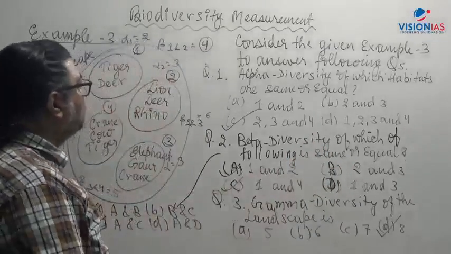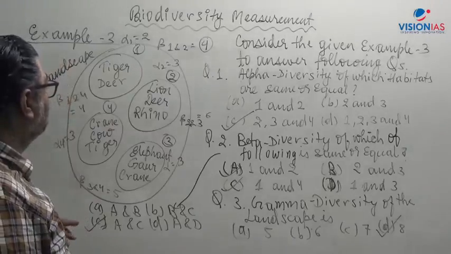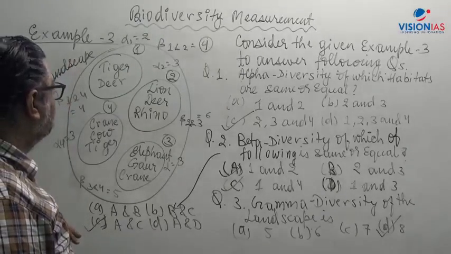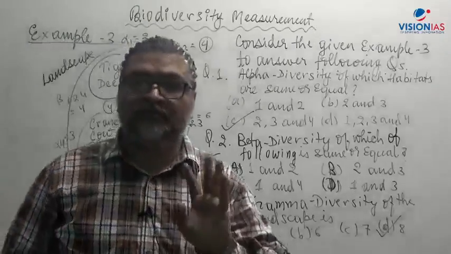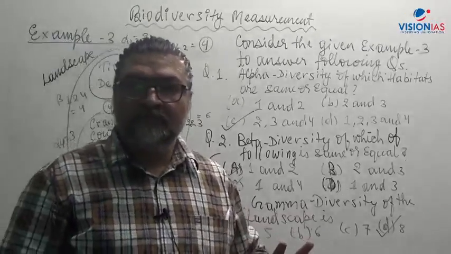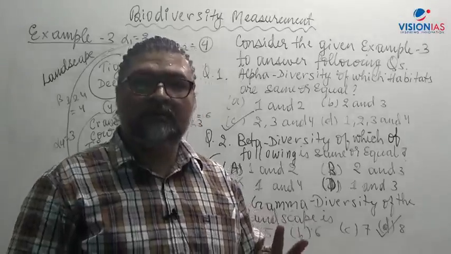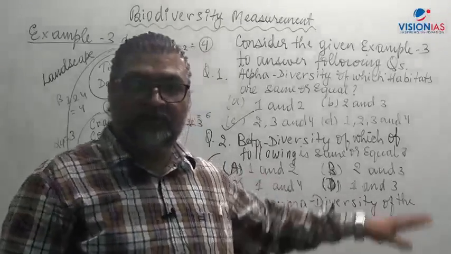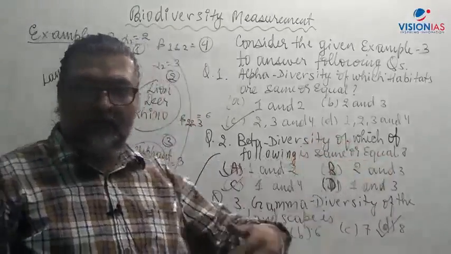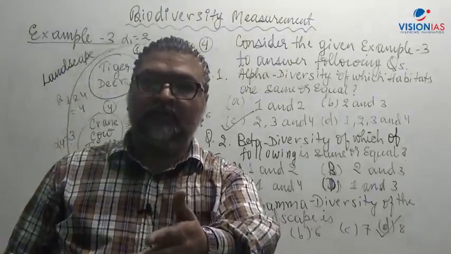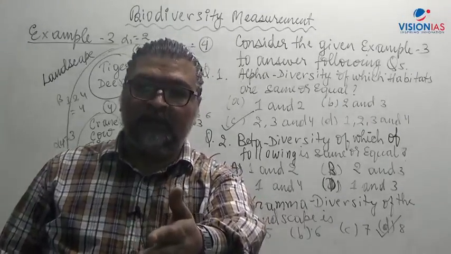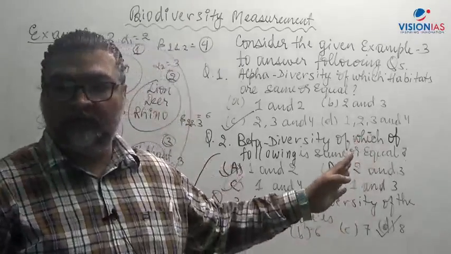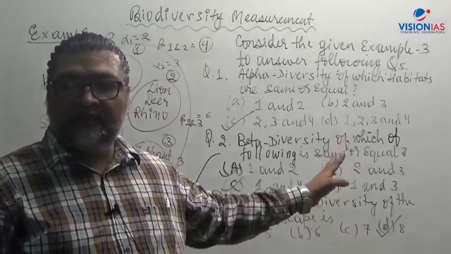Which 1 to 4? Ah, you are talking about the previous question, the previous example. I didn't understand your question. Komal, you have to send me the question again. I got the question from the batch coordinator. So which 1, 2 and 4 are you talking about? Which three habitats?